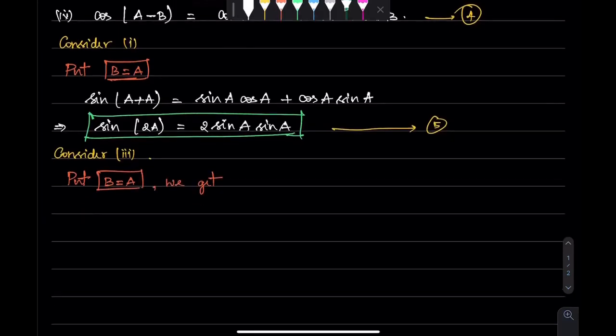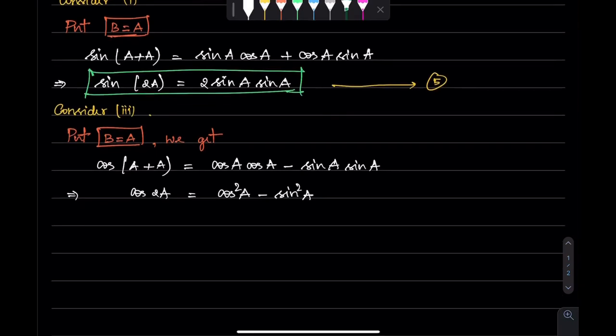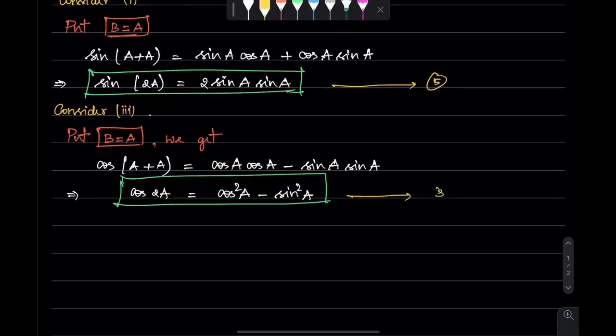Cos of a plus a is equal to cos a cos a minus sin a sin a. Very nice. So what is cos 2a? My cos 2a will be equal to cos square a minus sin square a. Fine. So this is another result. Now I name this as 6.